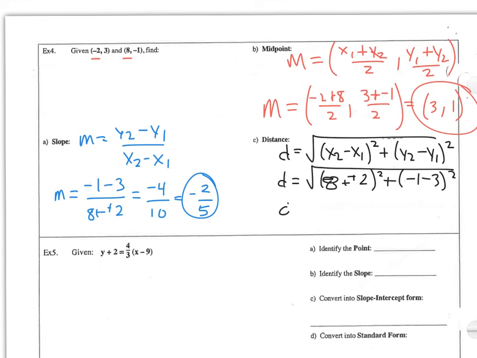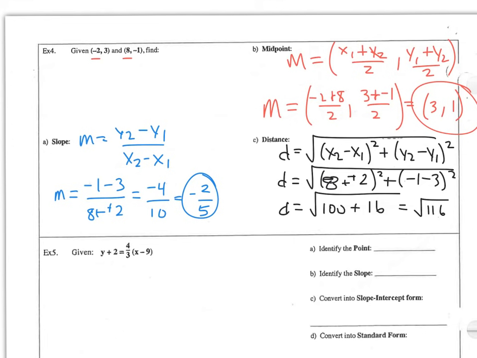Change. Distance is now equal to the square root of 10 squared, which is 100, plus negative 1 minus 3 is negative 4, squared is 16. That means it is equal to the square root of 116.